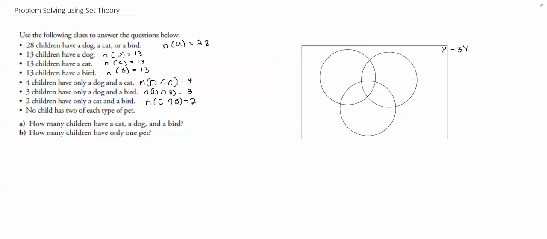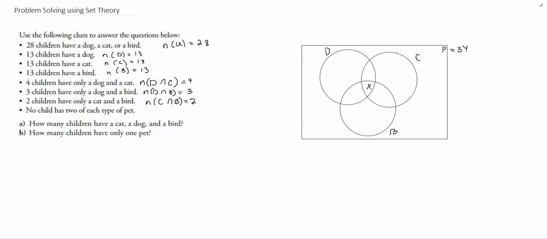We know the number that have dogs is 13, and the number that have cats is 13, and the number that have a bird is 13. We're not told how many children have all of them.